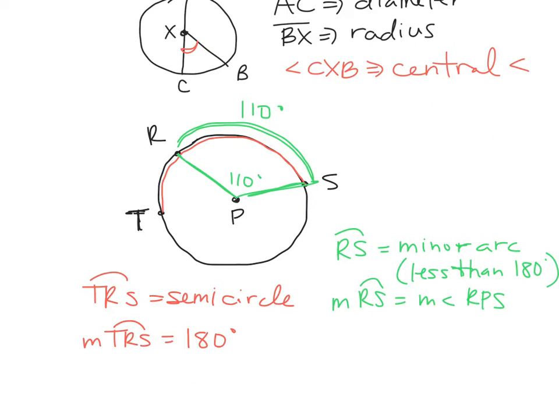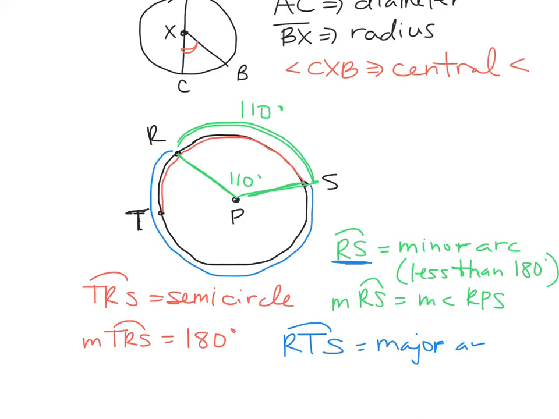Okay, the last one then is the major arc, which is RTS. So that's a major arc. Notice with the minor arc, I only use 2 letters. With a major arc, you have to use 3, because if I said arc RS, I assume the smaller one. Well, RTS is this one, right? Starts at R, goes through T, and then S. So that's a major arc, meaning it's going to be more than 180 degrees.